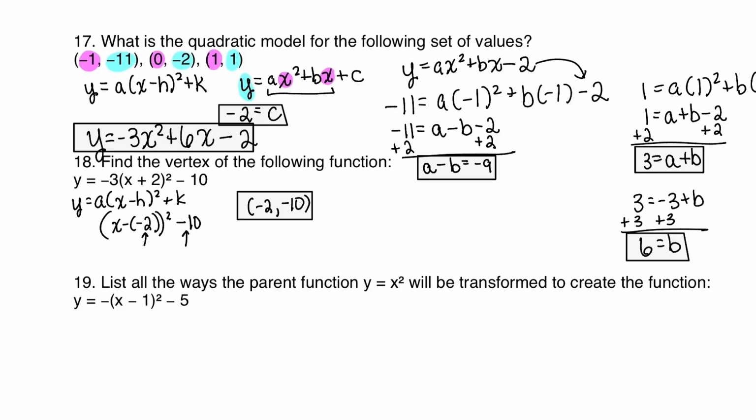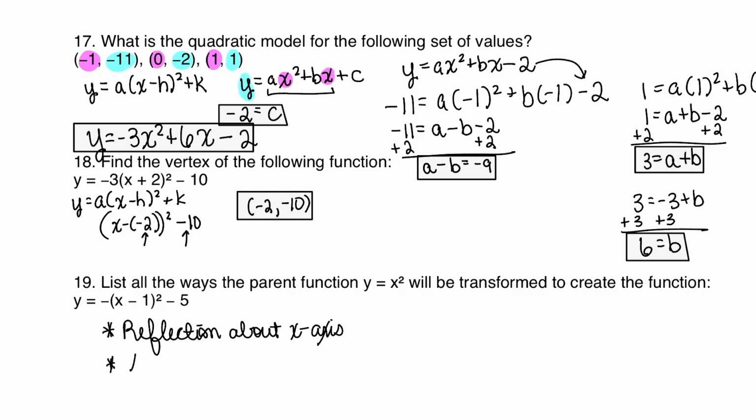List all the ways the parent function y equals x squared will be transformed to create the function y equals negative times the quantity x minus 1 squared minus 5. From this equation, we do have a negative out front for our transformed graph. That's going to be a reflection about the x-axis. The second transformation is going to be this minus 1 inside.